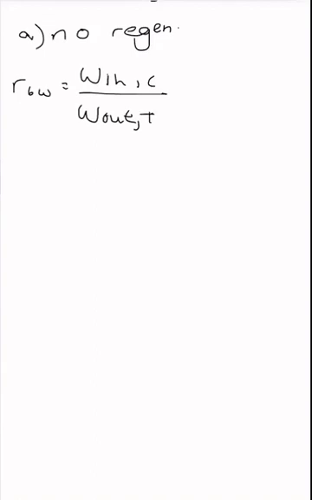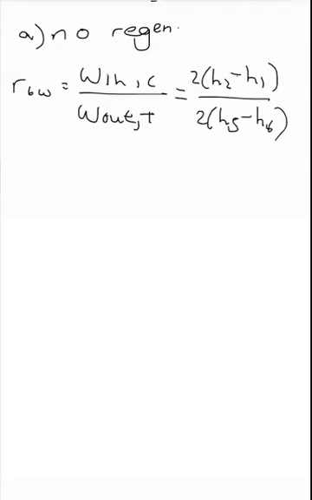And that's the exact same formula that I explained in the beginning of the video. So this equals 2 times H2 minus H1 over 2 times H5 minus H6. And we put a 2 out there just because there are 2 turbines and 2 compressors.